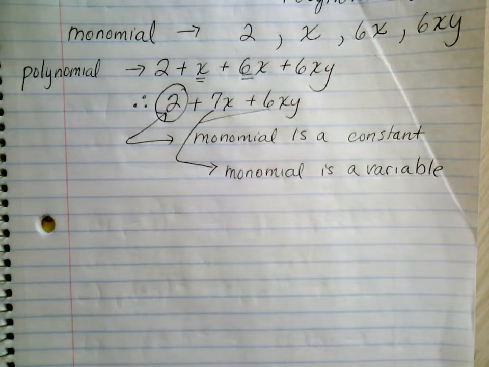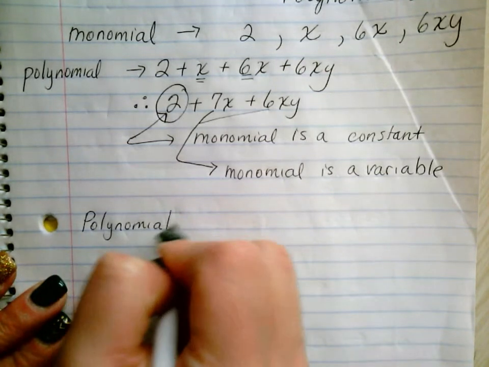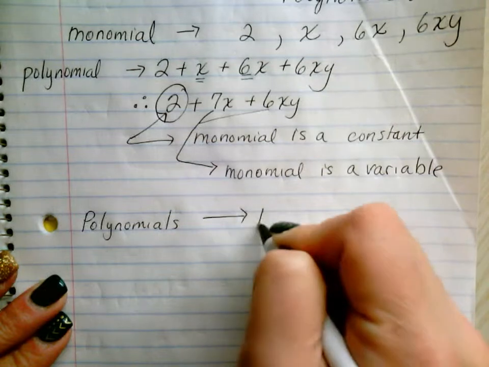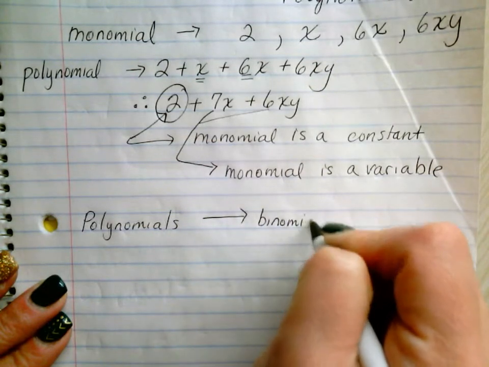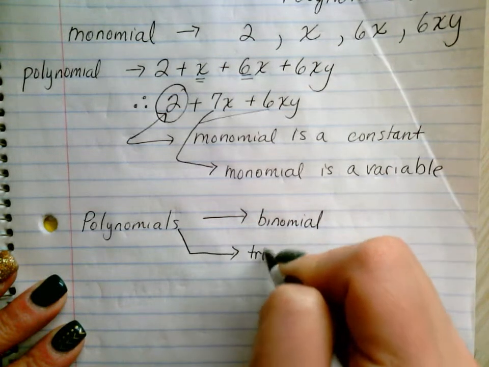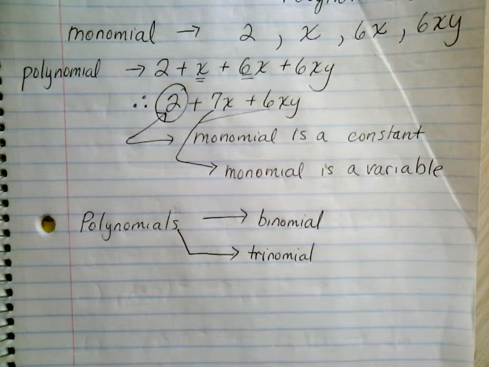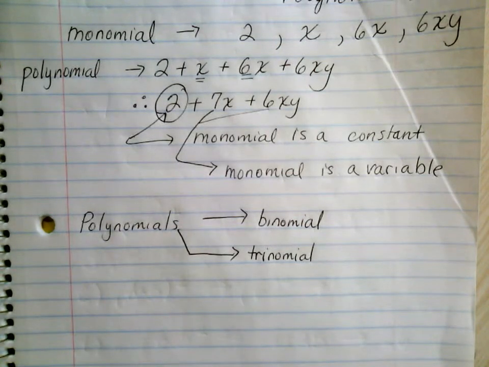Now, polynomials can be binomial, meaning 2-termed, or trinomial, meaning 3-termed. Okay? This one up here, after I simplified it, was a trinomial.